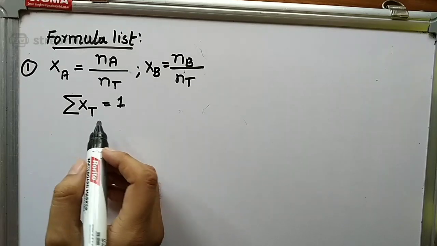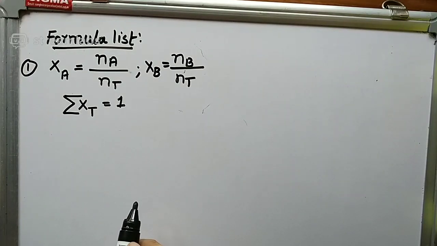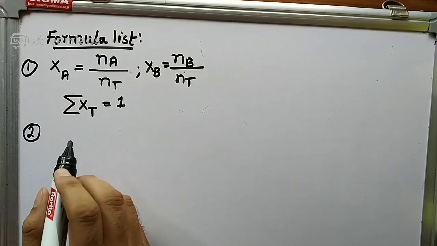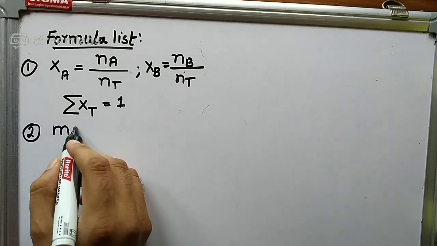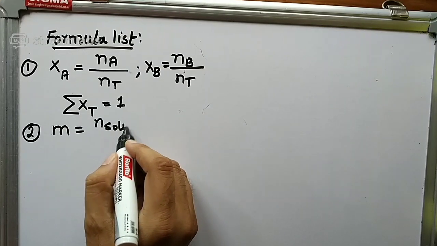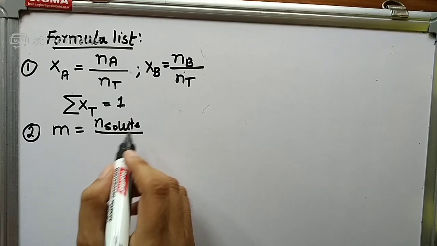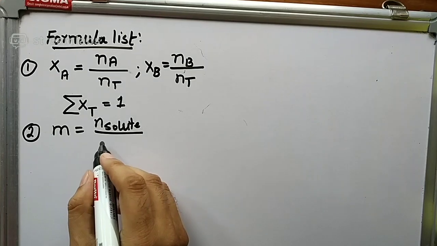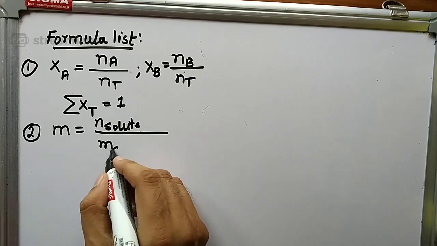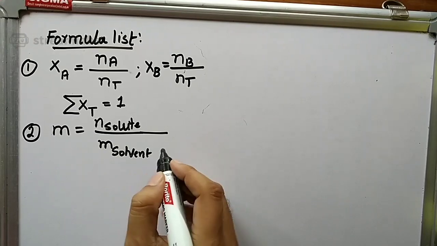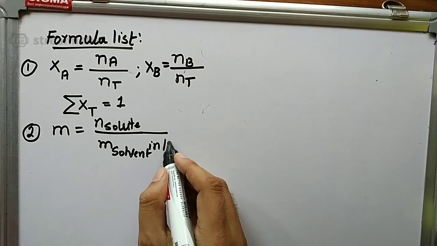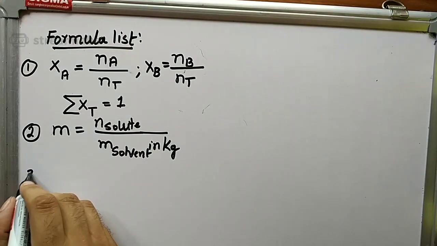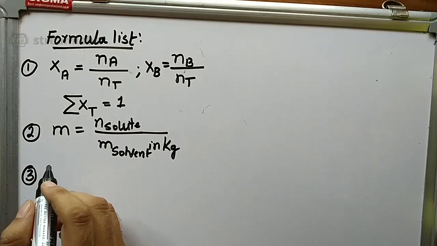Now the second one that we have studied is molality, that is equal to number of moles of solute divided by mass of solvent in kg. Is it clear, students?